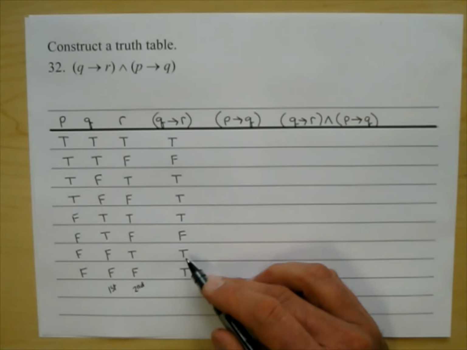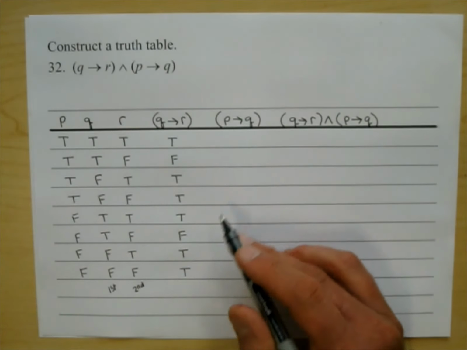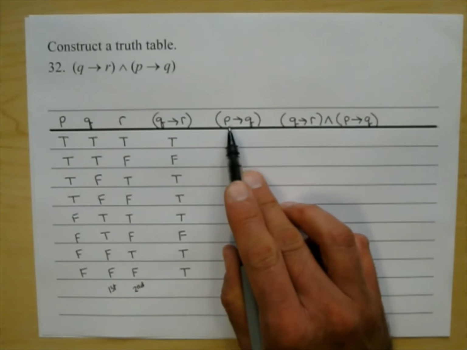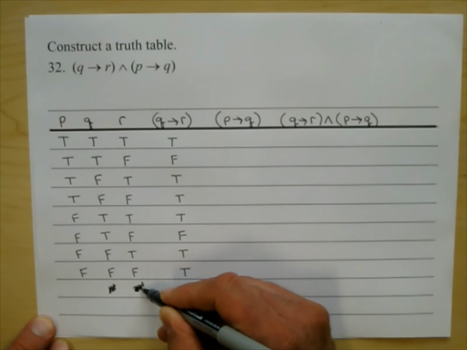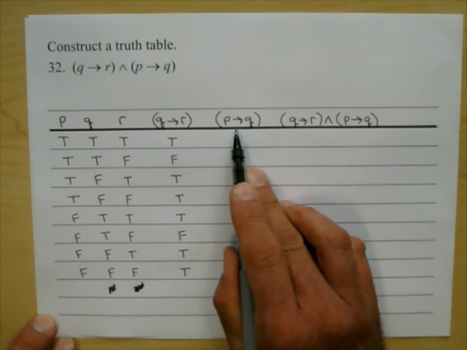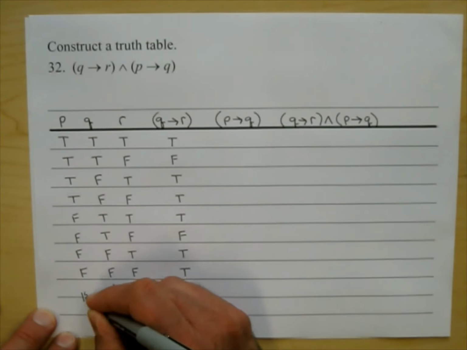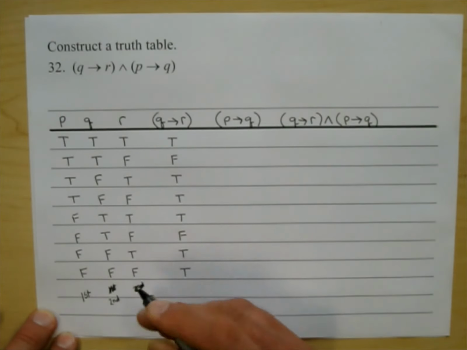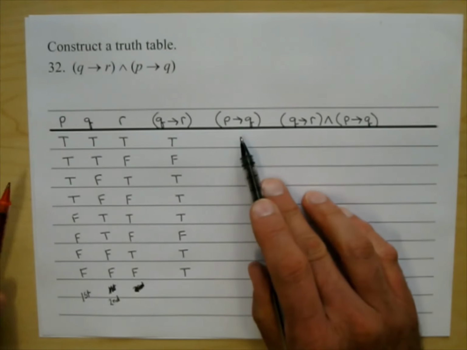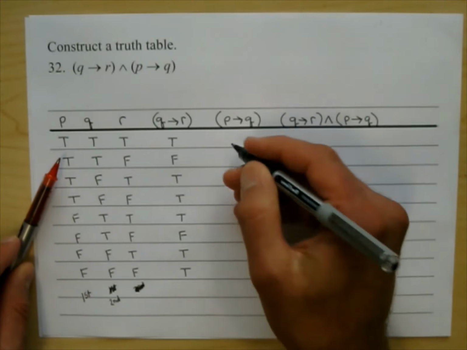We have that complete. Now let's go ahead and do if P then Q. I guess I have to cross out where it says first and second because I don't want to get confused. If P, that's going to be the first one. Then Q, that's going to be the second one. So let's go through this if-then again. If true then true is true.